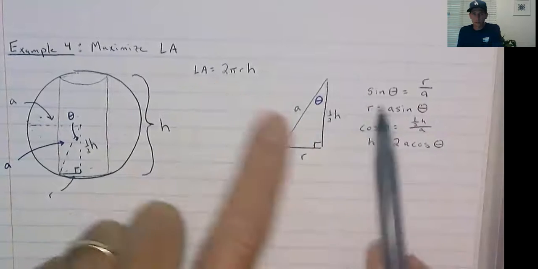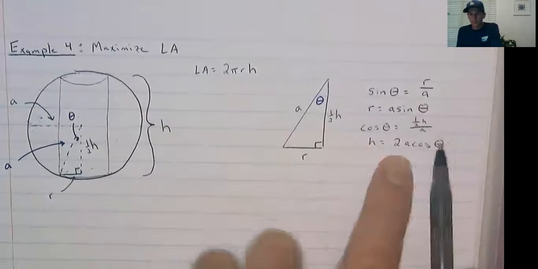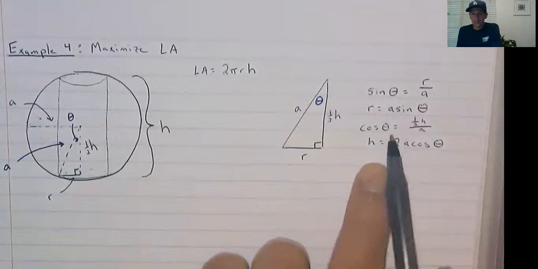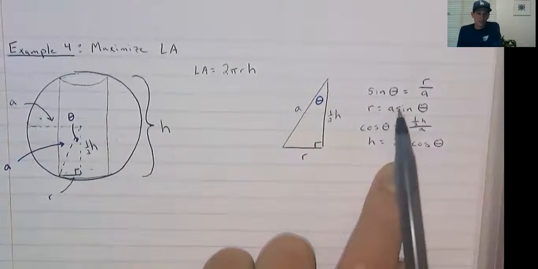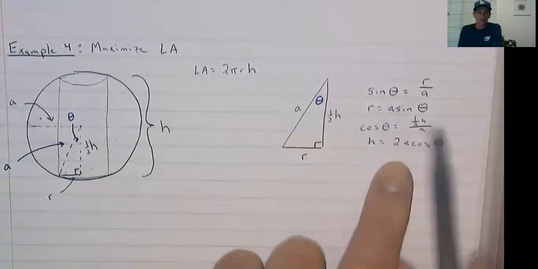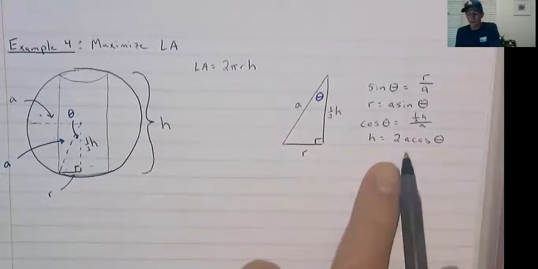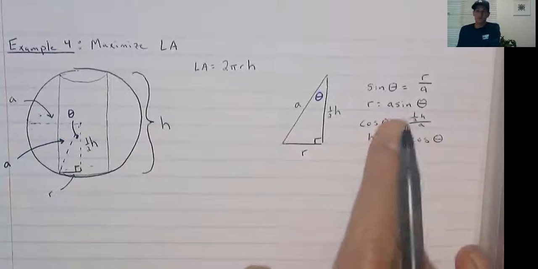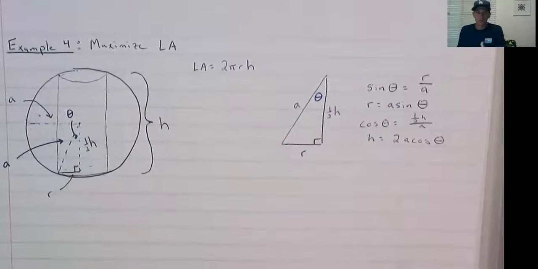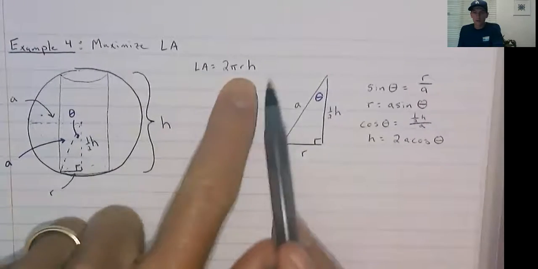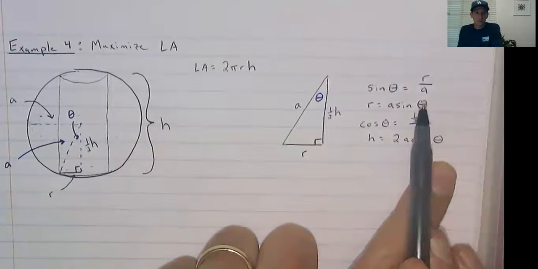And so it's really dependent upon this theta. And so the fact that A's show up in these definitions of R and H is actually okay, because in practice, we would just plug in whatever that radius is. Oh, here's a sphere that's 7 centimeters for its radius. So this is just 14 times cosine of theta. This is just 7 times the sine of theta. That's totally fine. We needed to redefine the lateral area so that R and H are defined in terms of this theta.